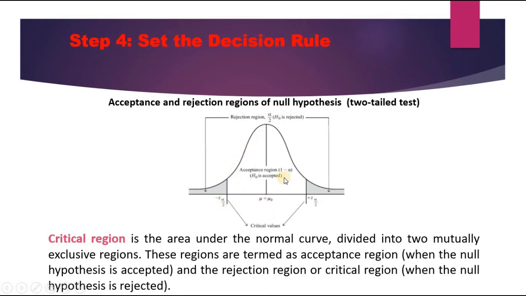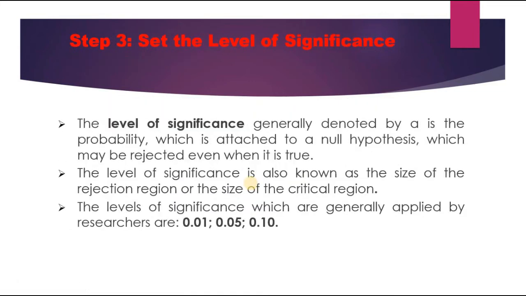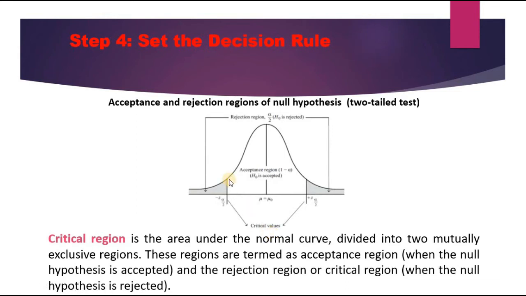Most often, we researchers like to take our level of significance as 1%, 5%, or 10%. Try to understand this. In this diagram, this is just an example, let us say I'm taking 5%, that is 0.05.